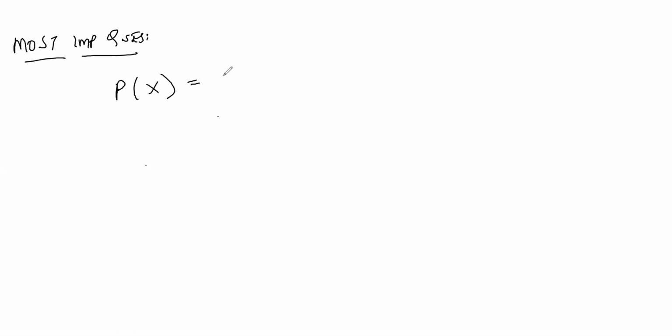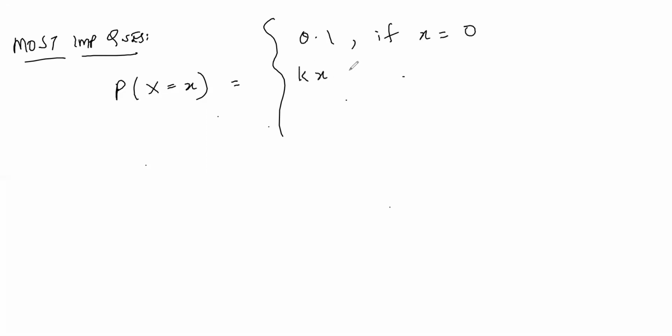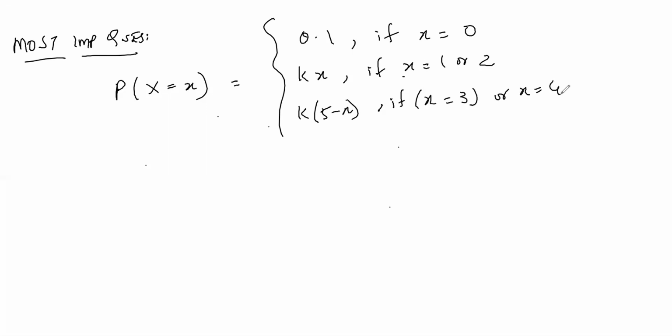P of x is equal to, for small x, one big thing they have given: 0.1 if x is equal to 0, kx if x is equal to 1 or 2, k into 5 minus x if x is equal to 3 or 4, or 0 otherwise.